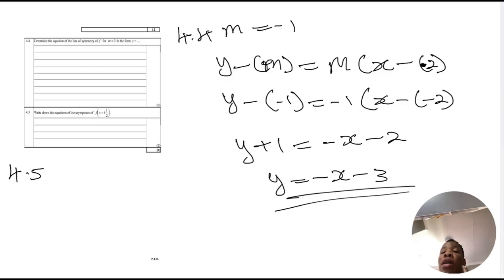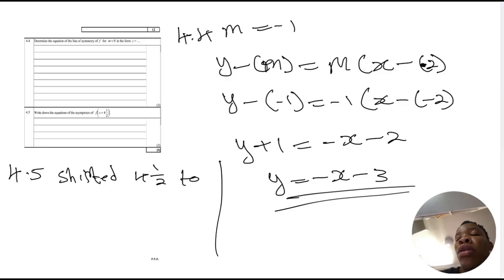So what's going to happen here is that they are saying our graph has shifted 4 1/2 to the left. That means only our x asymptote will change.